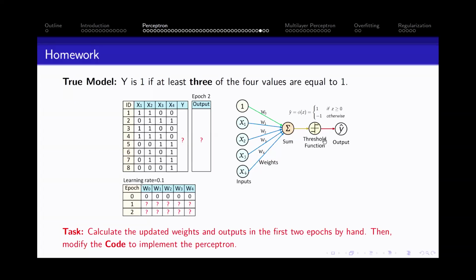If you do this the same as what we just did for 3, it is exactly the same concept. And if you understood that, this should be pretty straightforward for you. The learning rate, again, is shown on the table as 0.1, and your initial weights are all 0. So this is for your homework.